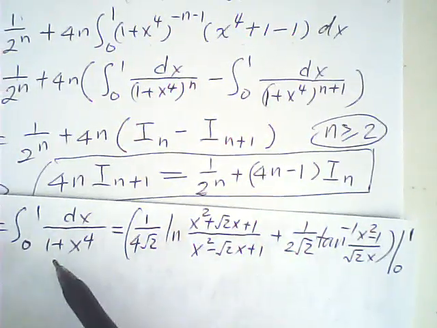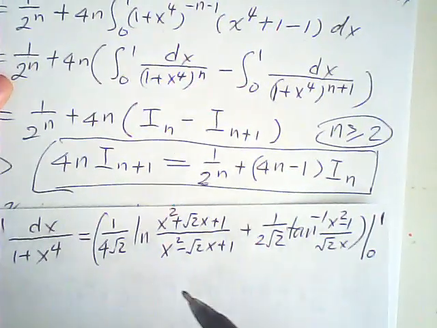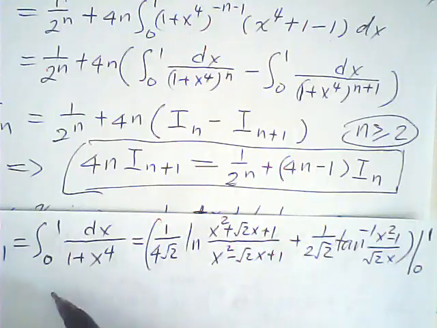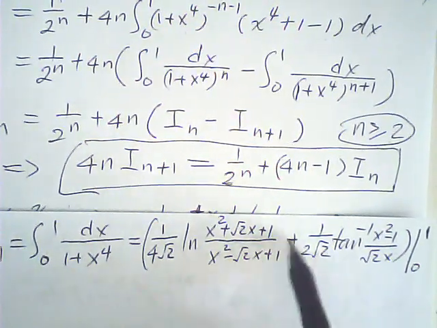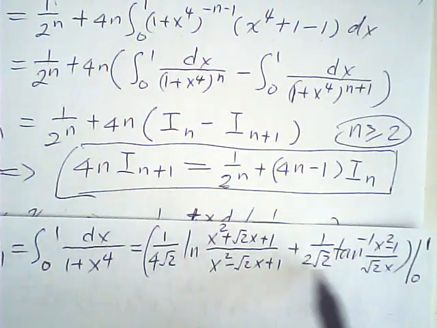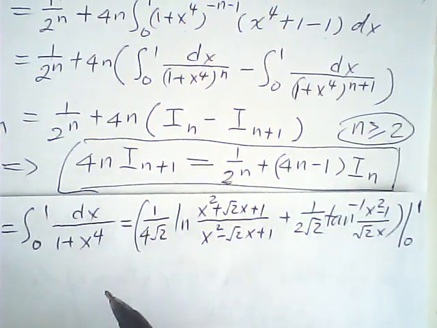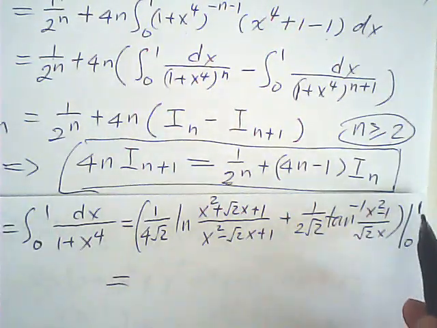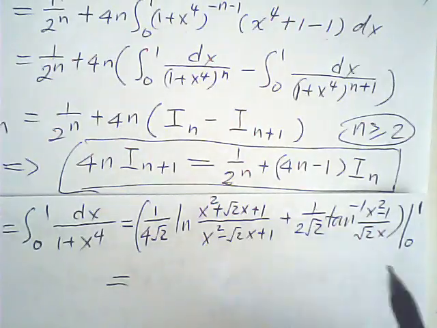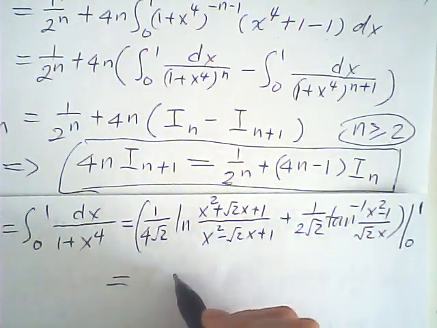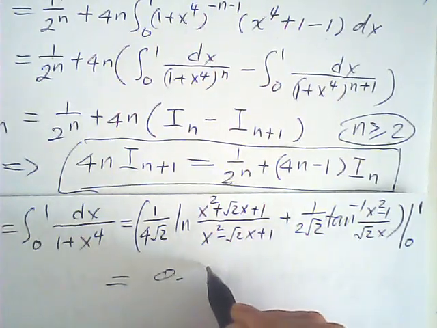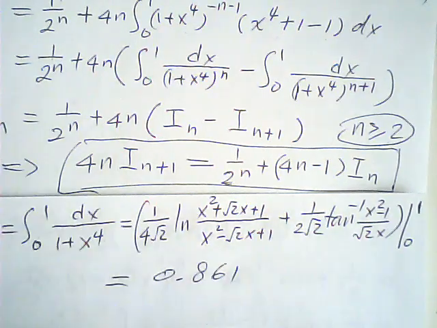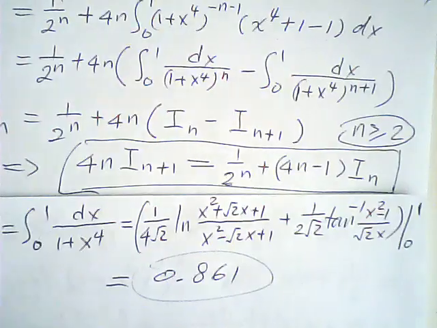This integral is not that easy. There's quite many steps. So I suggest that you go see my video now to get this result by using two methods. Then by substituting 1 there and then minus 0 there, we get the value approximately 0.861. That is my I1.